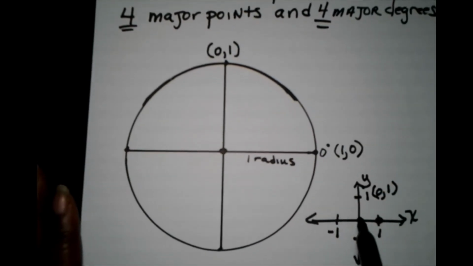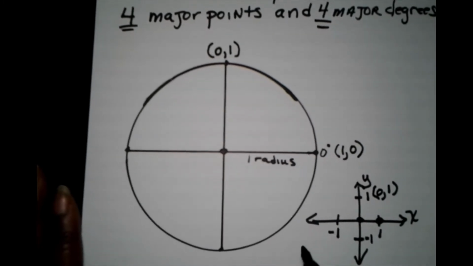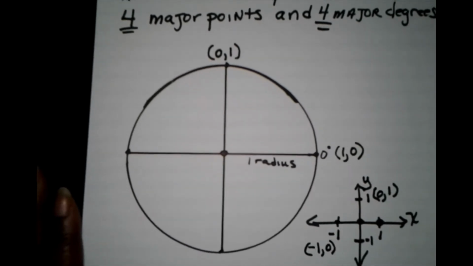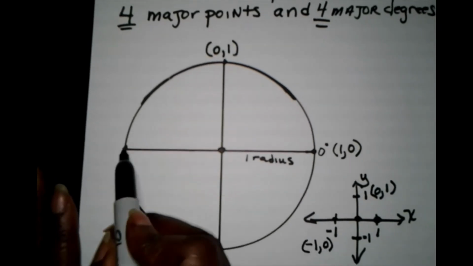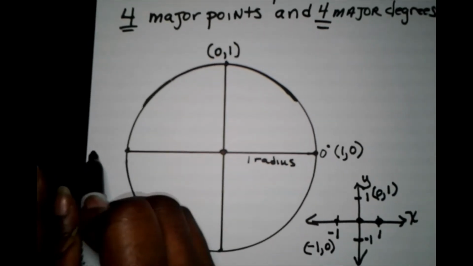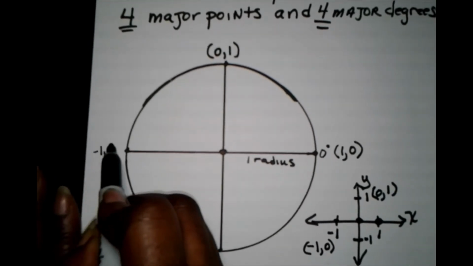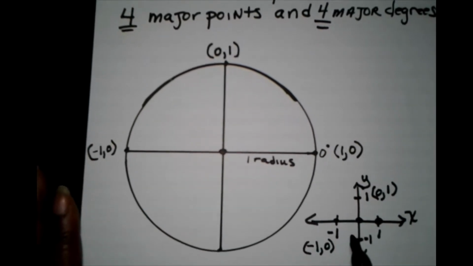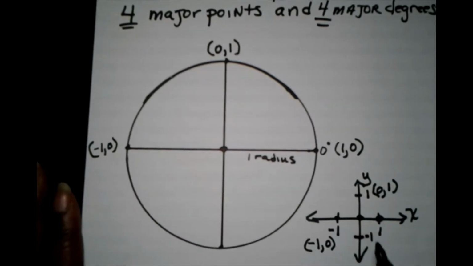Now, if we're going backwards from the center, we know we have a negative 1 on the X-axis, so it would be labeled negative 1, 0. That point right there. So that means on our diagram, this would be negative 1, 0. And if you can see, it corresponds to a regular graph, a regular coordinate plane.